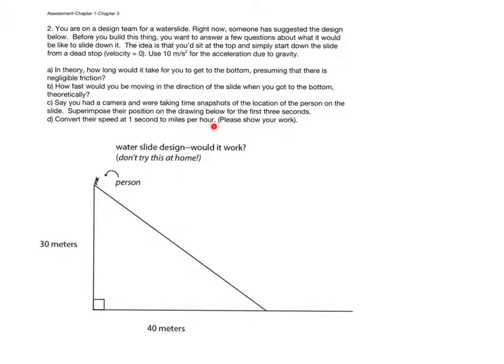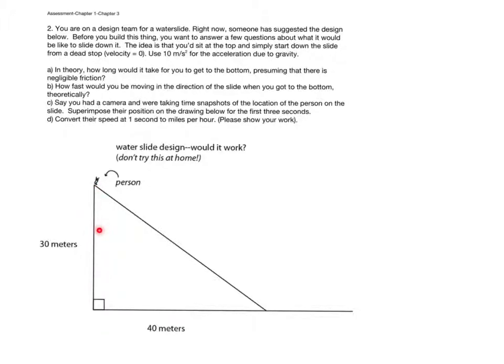So let's go ahead and start in on this. In theory, how long will it take? Well, we know theoretically the only force pulling on this person is the force of gravity, and gravity pulls towards the earth. Of course, that pull toward the earth can be broken up, because of the principle of superposition, into two pulls: a pull in this direction and a pull in that direction, to equal a pull in this direction.